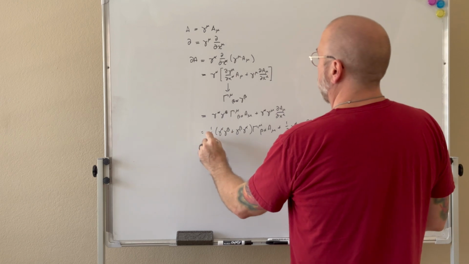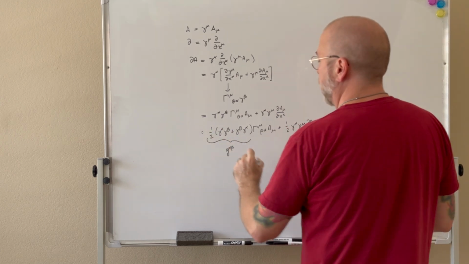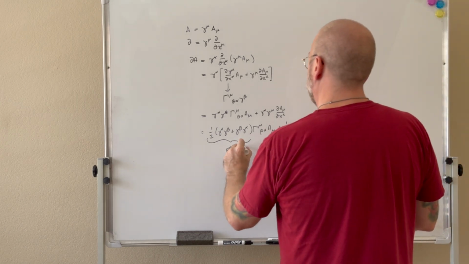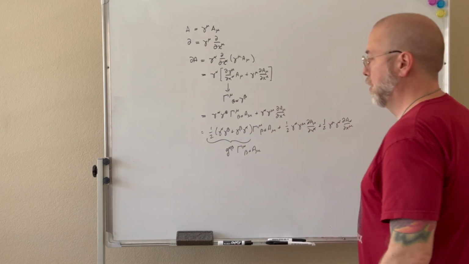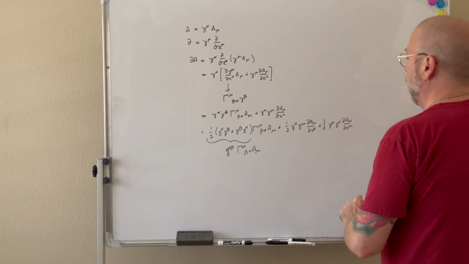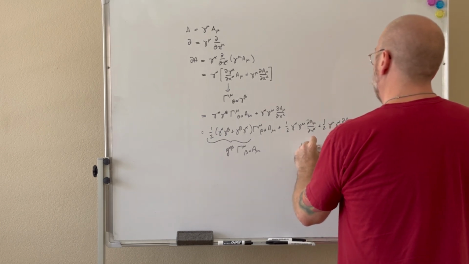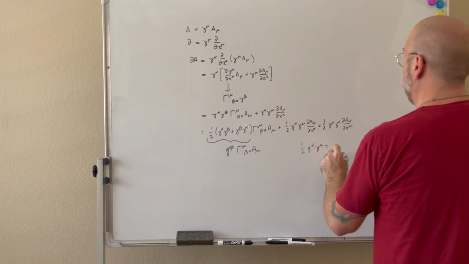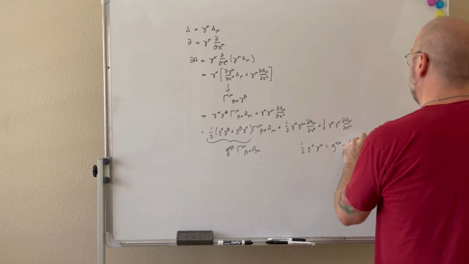Well, we already know from the rules of our Clifford algebra that this is the metric tensor, right? So we can write this first term like this. Okay, so this term reduces to this. Again, 1/2 gamma alpha gamma mu, this part here, is equal to g alpha mu minus 1/2 gamma mu gamma alpha.